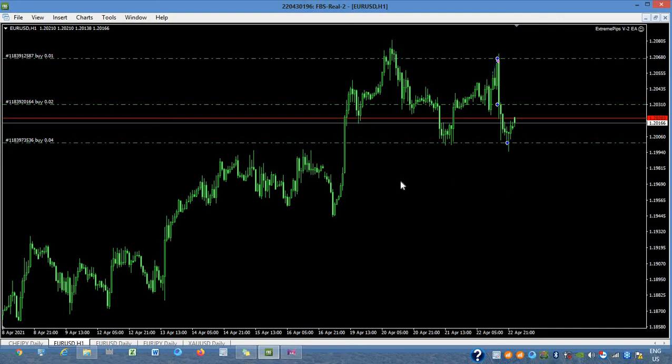But for me the basic is 4 phases: the accumulation, advancing, then the distribution, and then the declining. So that's the 4 phases of the market, guys. Here you can see those 4 phases.